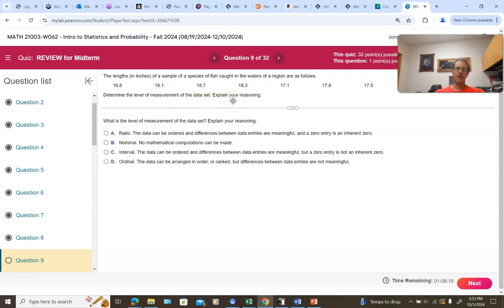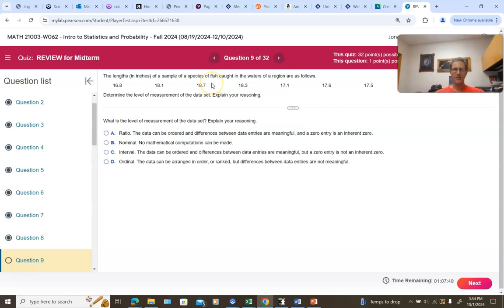So remember, the lowest level is nominal, followed by ordinal, then interval, and then ratio. I think that this is ratio, guys, because this has an inherent 0. If it were possible to catch a fish that measured 0 inches, that fish essentially wouldn't exist.